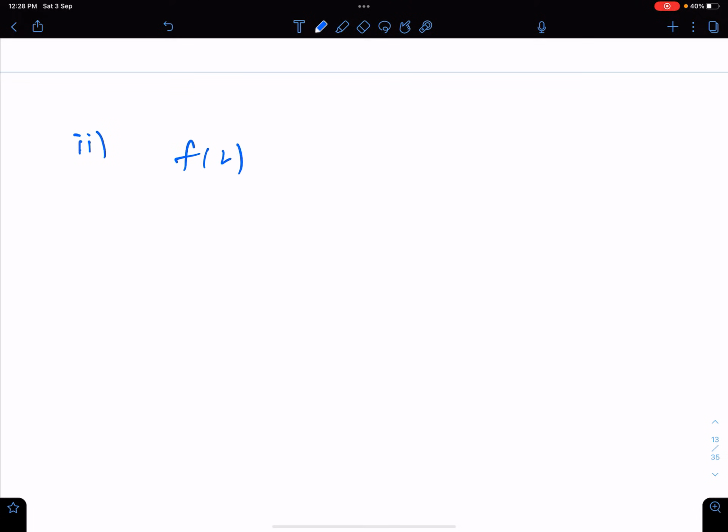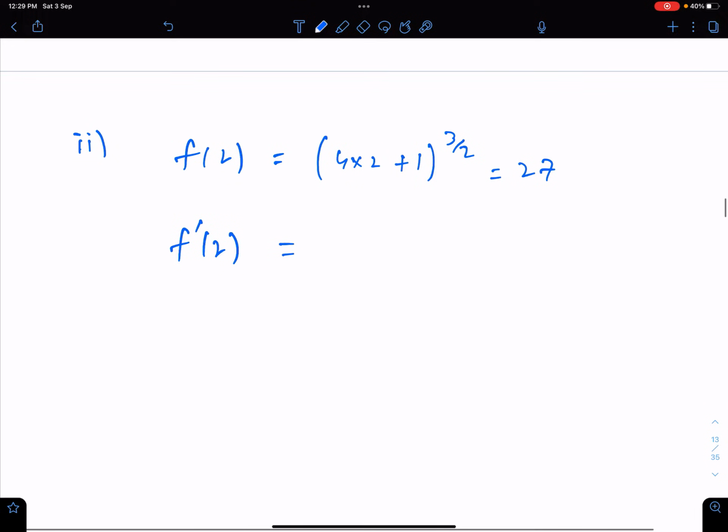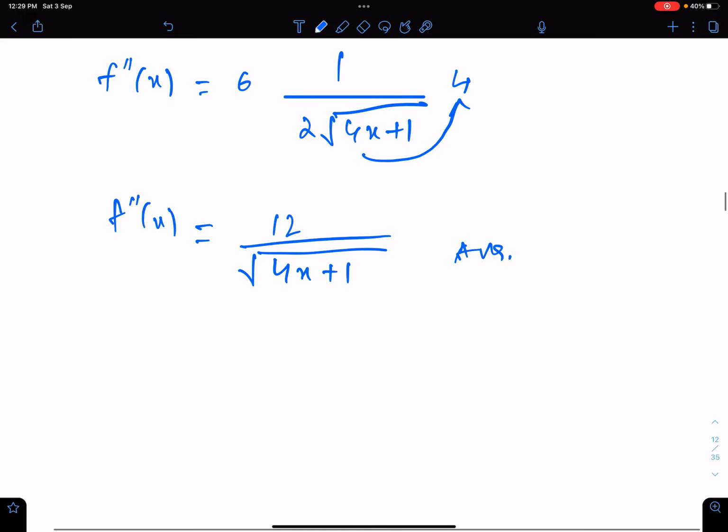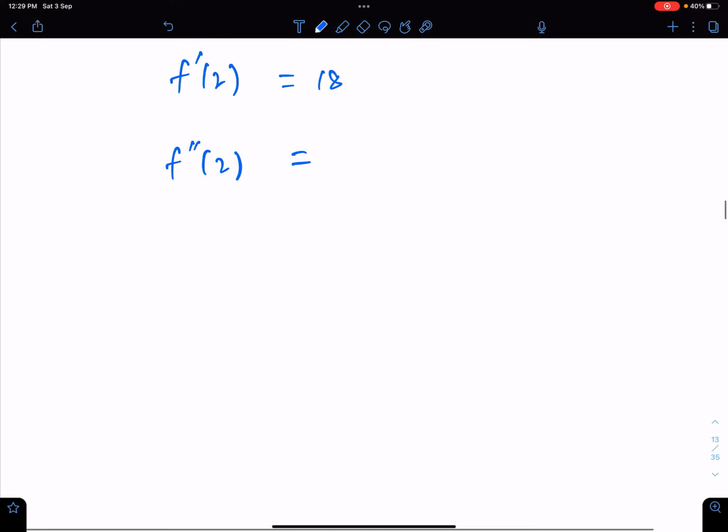So f of 2 is (4 into 2 plus 1) power 3 upon 2. This is 27. f prime 2 is 18. f double prime 2 is 12 upon 9, 4.